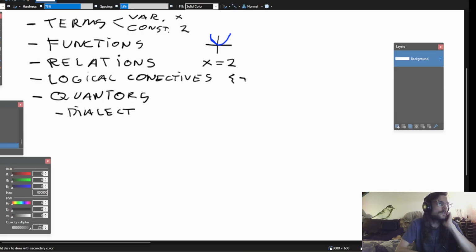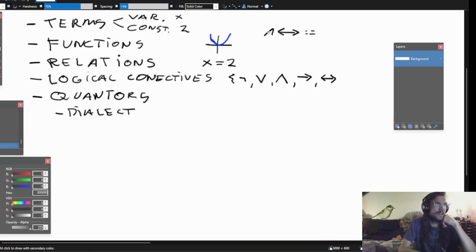We saw a few logical connectives. There's the not, or the negation, or and, which are these triangle shapes. We saw the implication arrow, if and only if. Sometimes this one is not taken to be an axiom, but it is a definition, because you can define the if and only if.